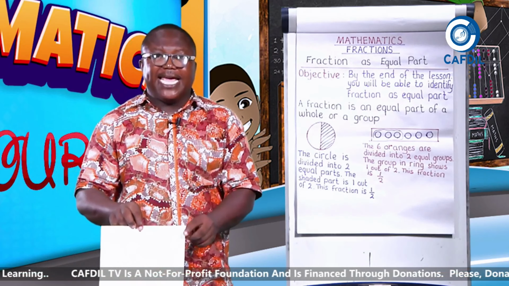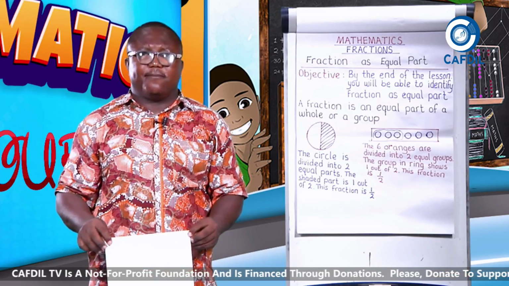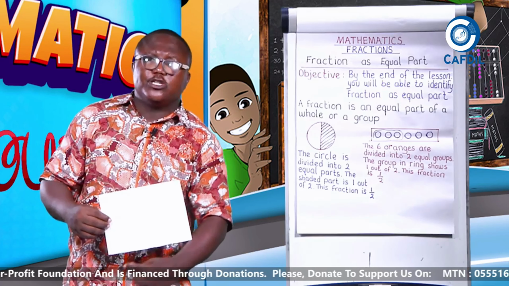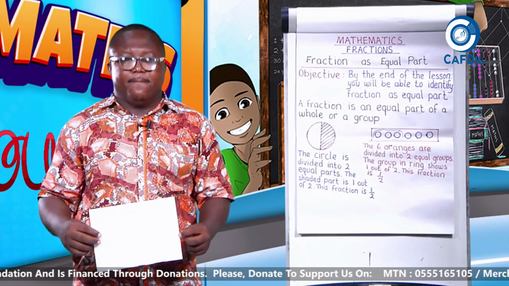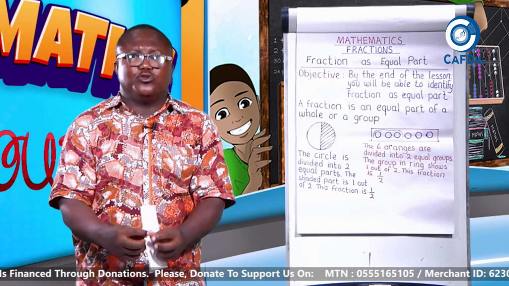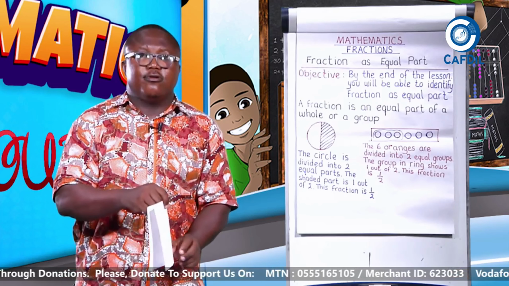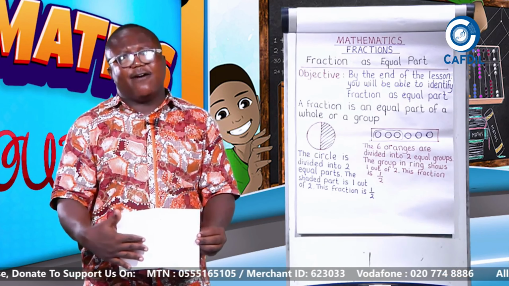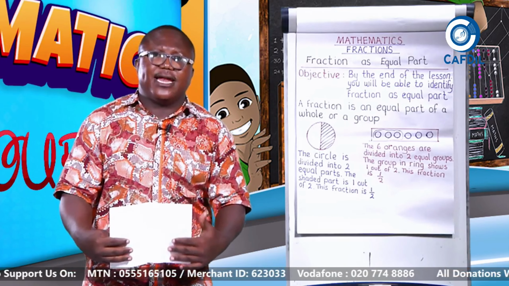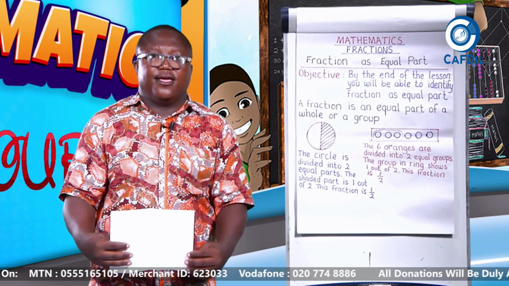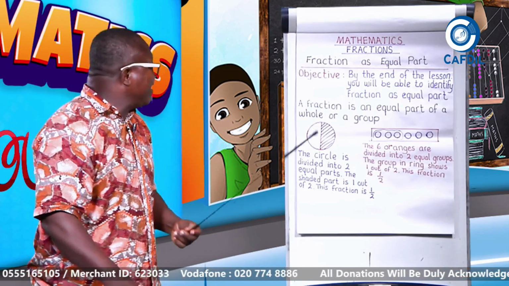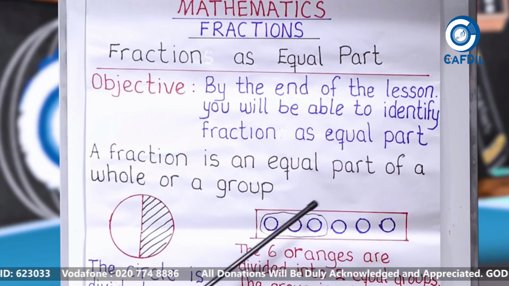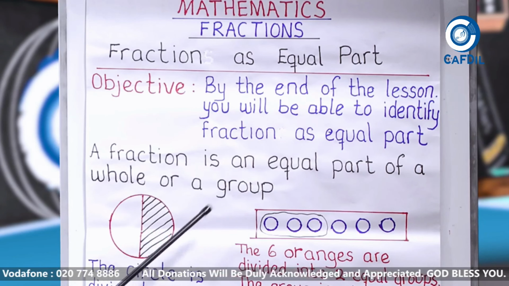First, I gave you the full sheet of paper here. It was one whole sheet of paper. I folded the paper into two equal halves, where I have one half here and then the other one half here. And we are also saying that fraction is an equal part of a whole or a group.